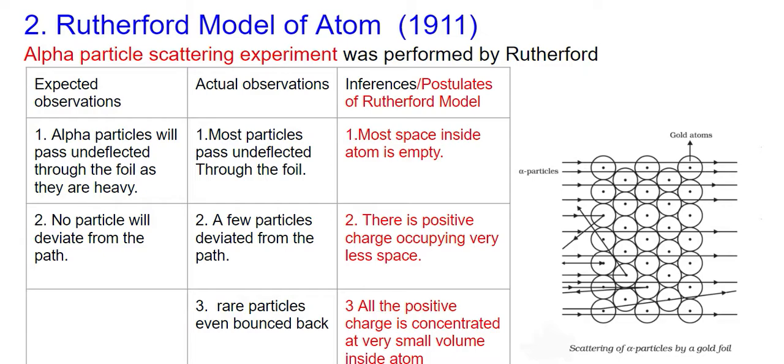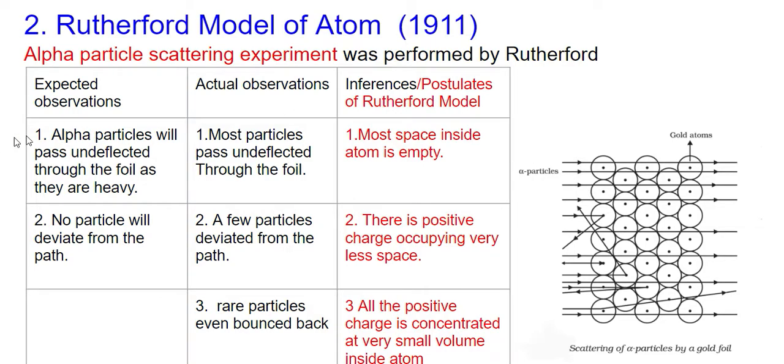Where are these alpha particles going? Are they passing straight through? Are they getting deflected? Because as per Thomson model, the electrons and the protons are lightly charged particles as compared to alpha particles, and they are evenly spaced in the whole of the atom. So alpha particles will be passing through it as they are heavy particles.